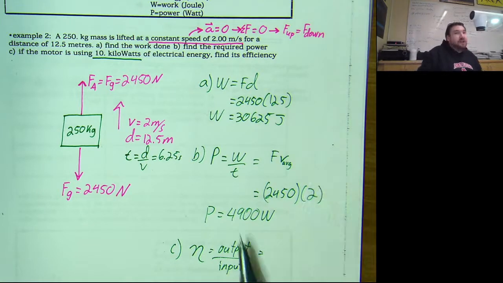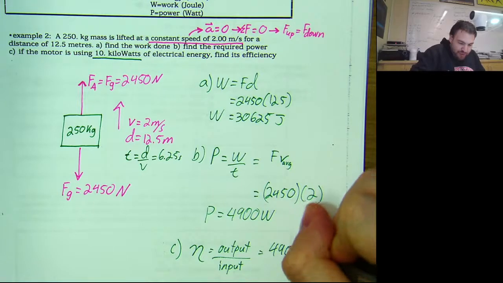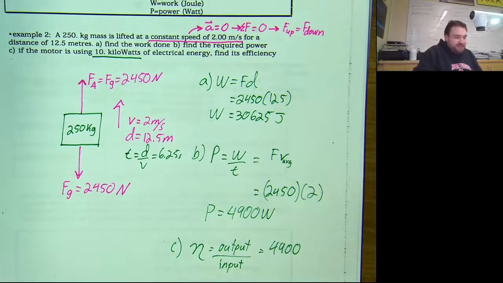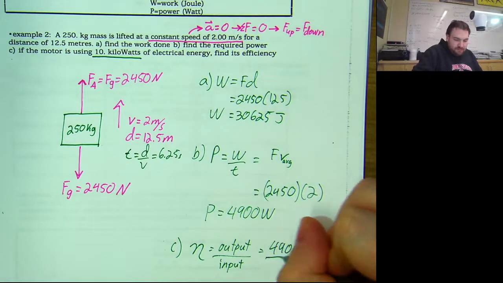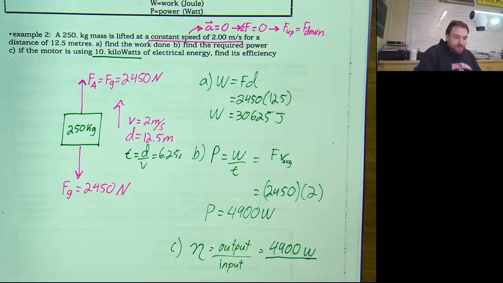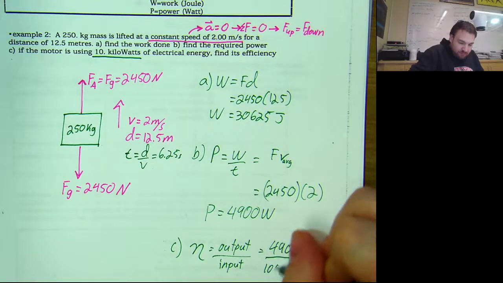Yeah, the 4,900. This was the power that was actually used to move the block. So that's the output of the motor. That's what the motor actually did. But how much power did the motor require to operate? 10 kilowatts. Kilowatts, 1,000 watts, so 10,000 watts.